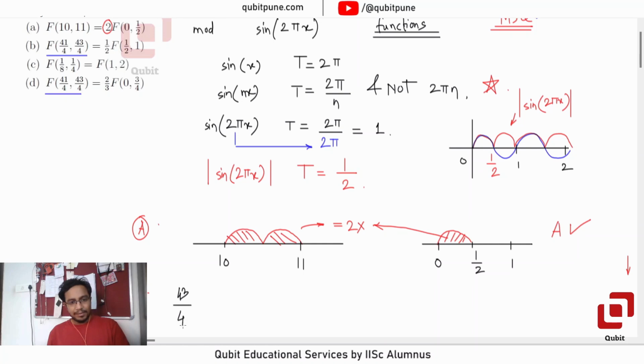Suppose we subtract 41 by 4 from 43 by 4. 43 minus 41 is 2, so that's 1 by 2, which essentially means no matter where we start on the curve, we would still reach 1 cycle, because it is half distance away. Understood? Which means this integral from 41 by 4 to 43 by 4 is also going to cover 1 cycle.